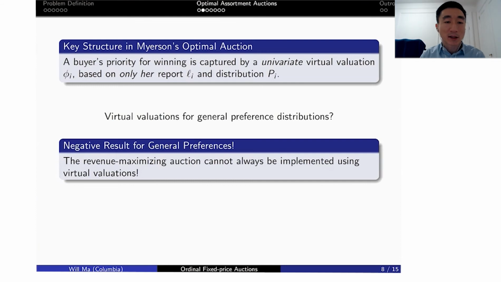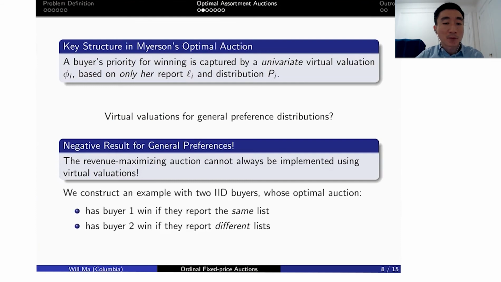So we can provide an example that shows even when there's 2 IID buyers, if we allow for arbitrary preference distributions over lists, then we can construct a case where in the optimal auction, you want something like buyer 1 wins when they report the same list, and buyer 2 wins when they report different lists.